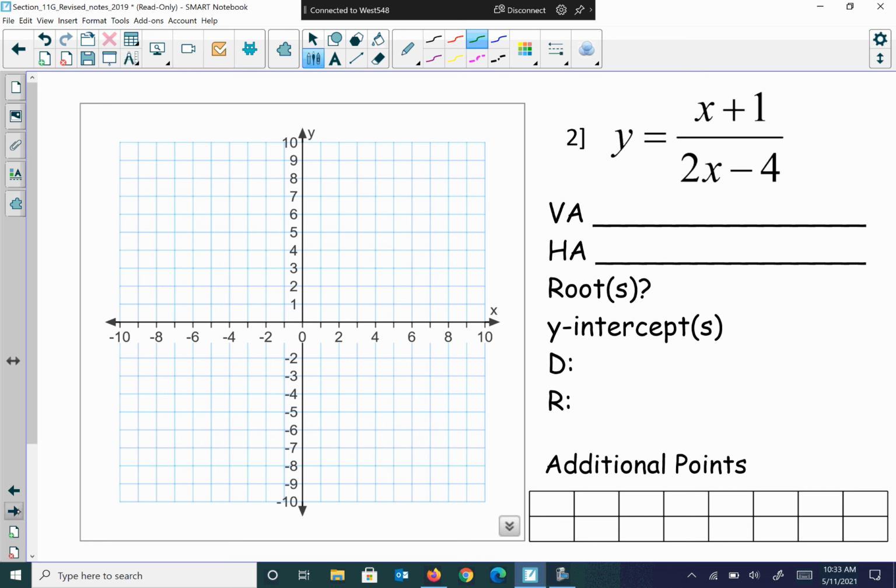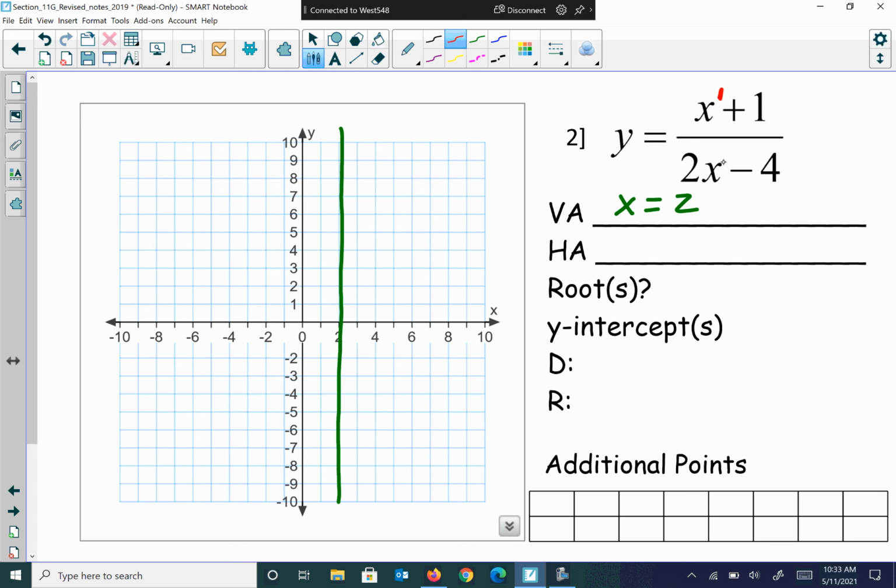All right, so first thing, vertical asymptote. What number do I plug in for the denominator that would make the whole thing 0? 2, right? 2 times 2 is 4, 4 minus 4. So x equals 2 is my vertical asymptote. My horizontal asymptote goes like this.